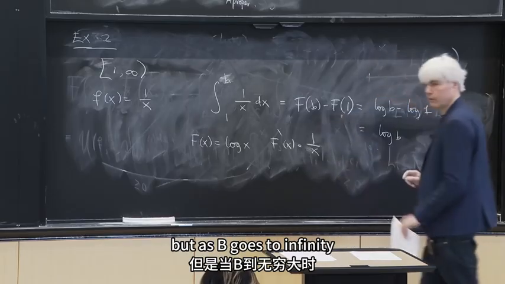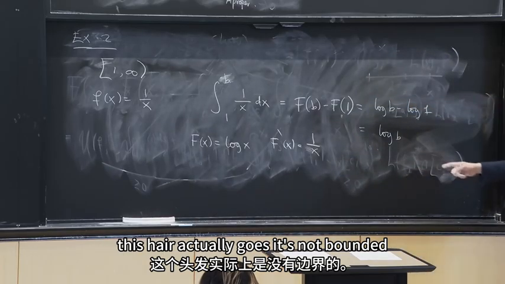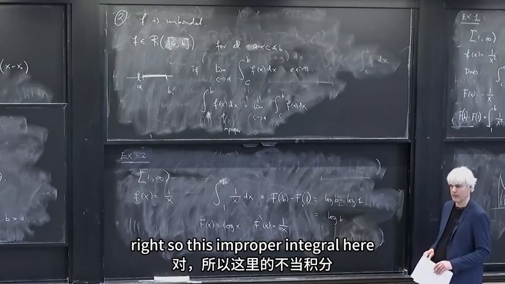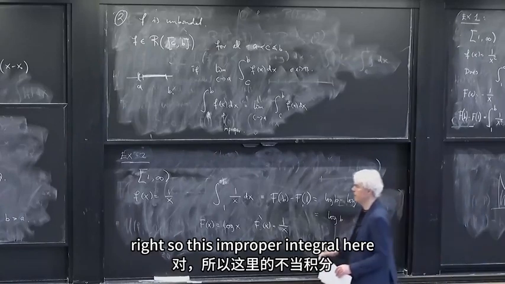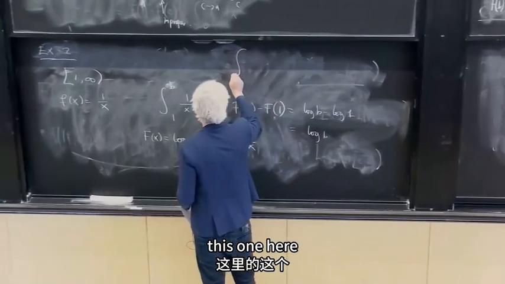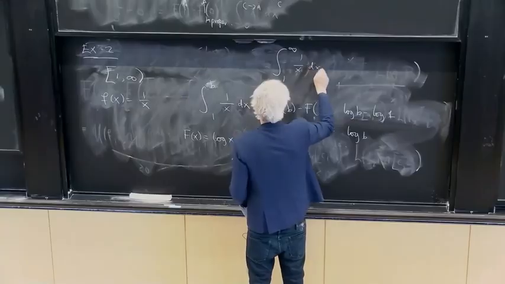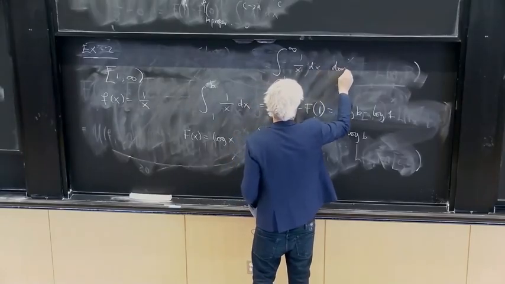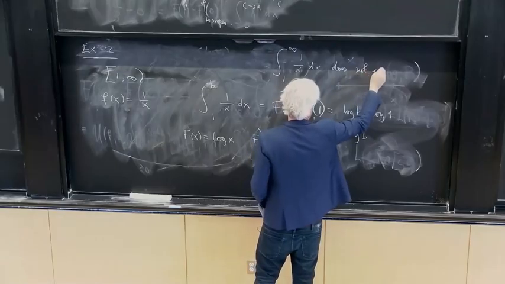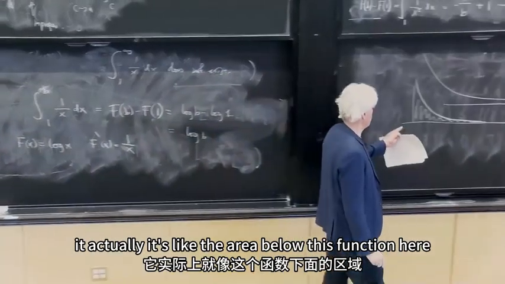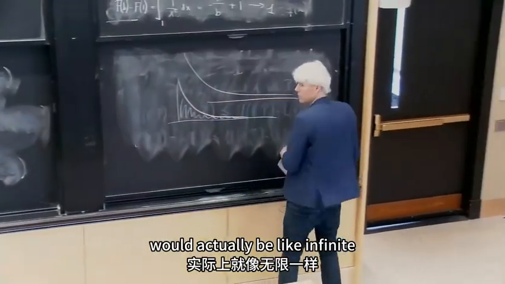But as b goes to infinity, this is not bounded, it wanders off to infinity. So this improper integral does not exist. The area below this function would be infinite.